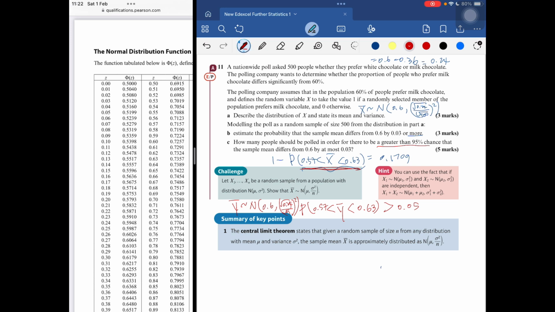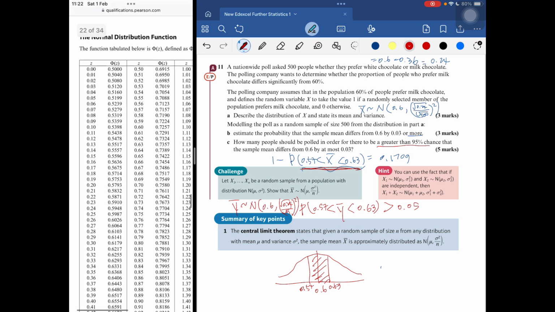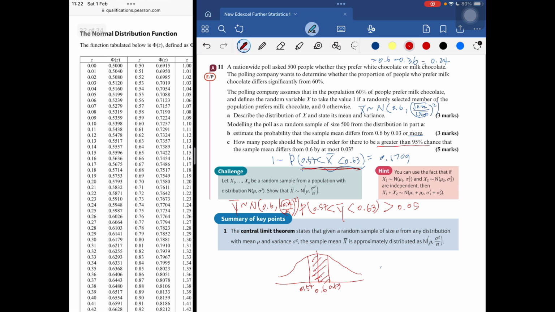So let's do that. Anyway, the mean is 0.6 and this is 0.57, 0.63. So we want to know about here. But now we have the table which is on the right side of the mean.